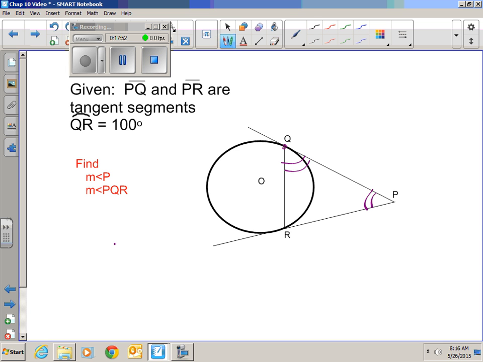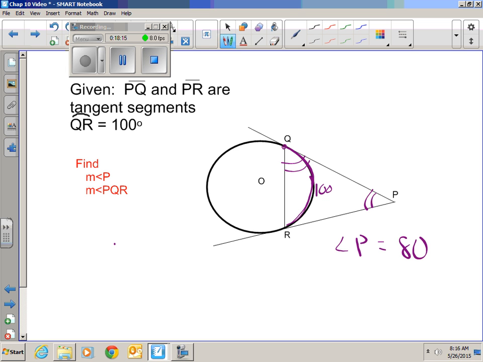So, let's figure out what we know. The arc QR is equal to 100. So this is 100 right here. I know from my shortcut that measure of angle P plus the measure of the minor arc is 180. So therefore, measure of angle P is equal to 80.